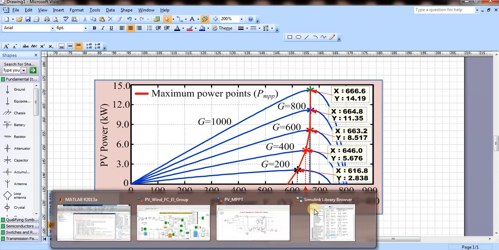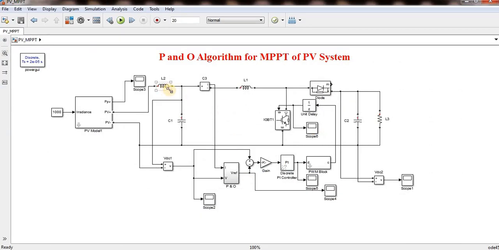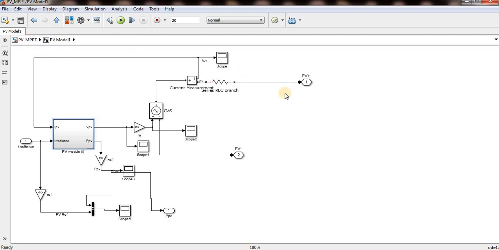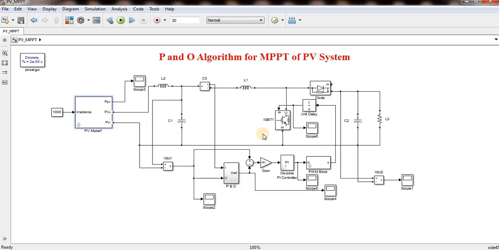In this particular video, I designed my PV panel, and I explained the design of the PV panel in my previous video. You can see my channel to get the details about how to design the PV module. I used the internal resistance also, so some power will be lost in this resistance, and many components are involved, so internal losses will be there.